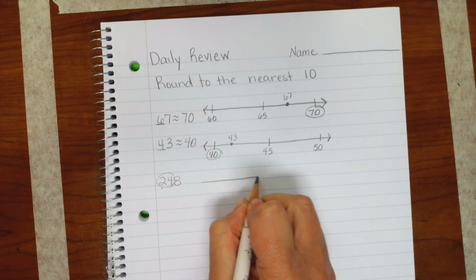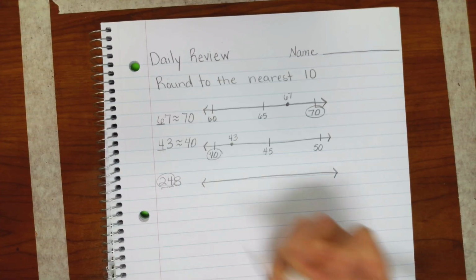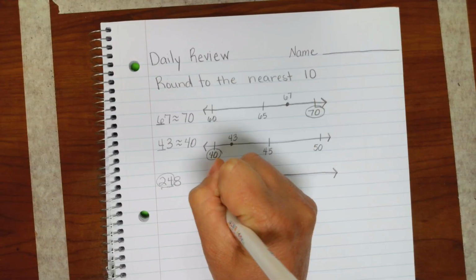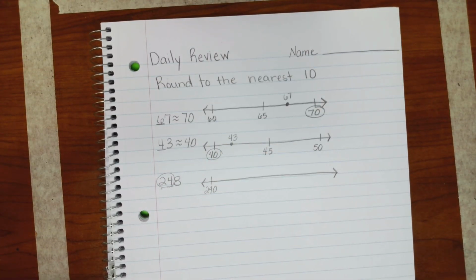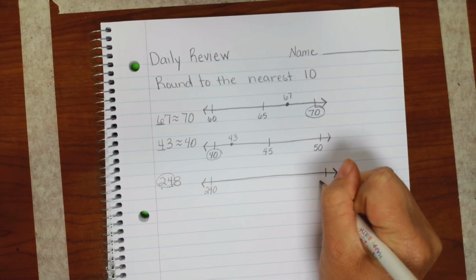I'm going to draw our line. We're going to say, okay, we've got 24 10s. So in standard form that would be 240. One more 10 is going to be 250.